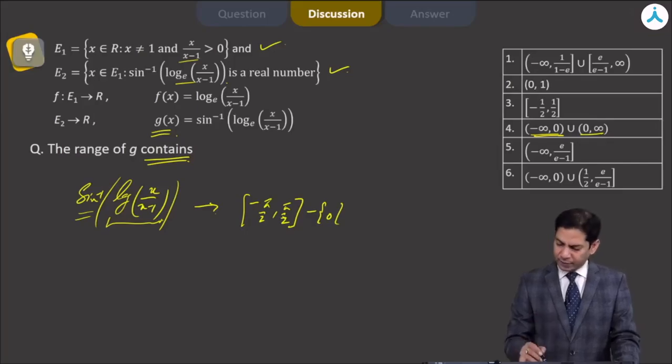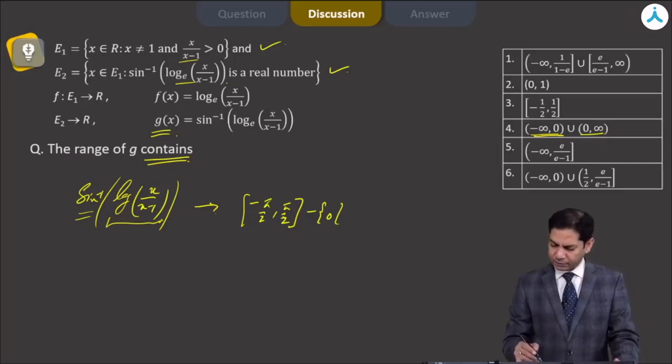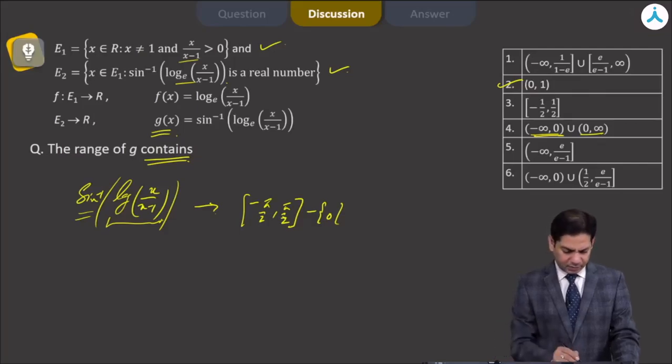Now we have to find the interval which is a subinterval of this one. So -π/2 to +π/2, π/2 is something like 1.57, and -π/2 to π/2 will definitely contain this one, 0 to 1, that is q matches to 2.